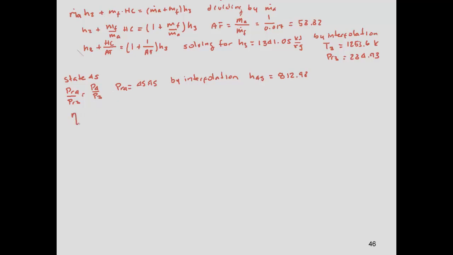Now, using the efficiency of the turbine, H3 minus H4 actual divided by H3 minus H4S, and solving for H4 actual, we have that H4 actual is 865.78.